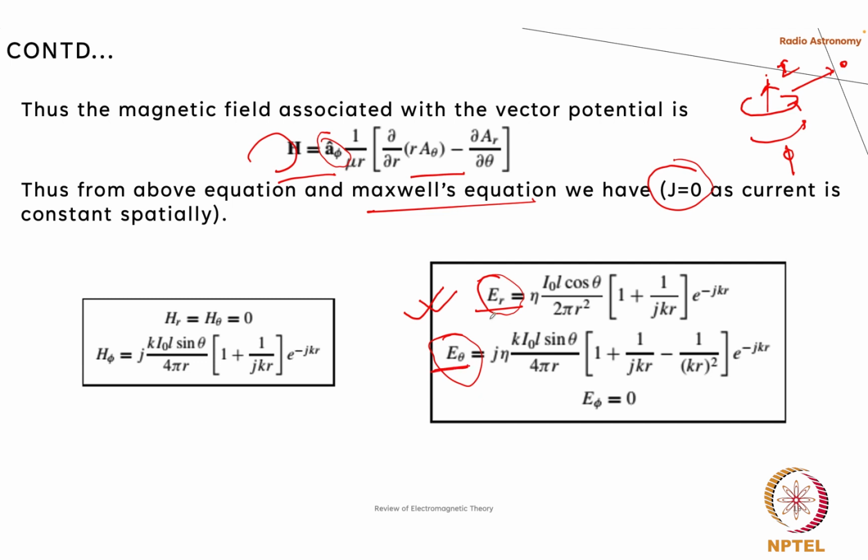So if you see, H and E fields are orthogonal to each other, which it should be for a transverse electromagnetic wave. Now let's examine these equations.